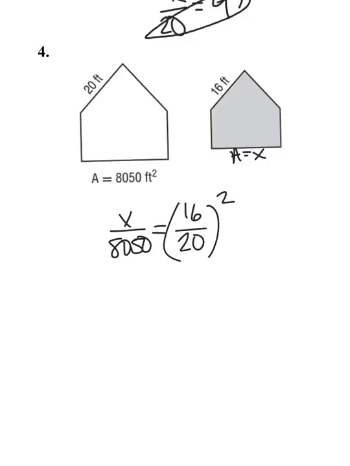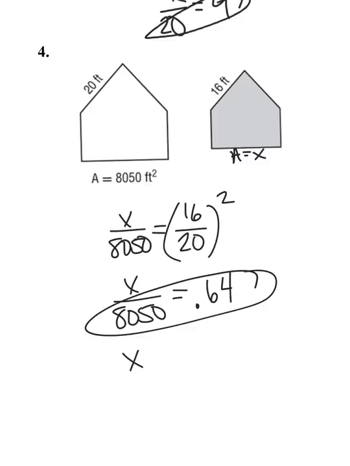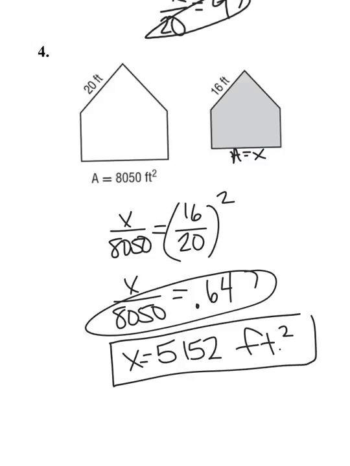So 16 over 20 squared actually gives me a perfect decimal of 0.64. I'm going to cross multiply. So that's actually it for the front of our notes. There's not much to it. The pattern's consistent. We were just looking for the area of the second shape.